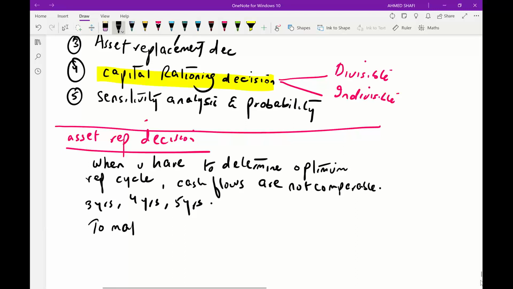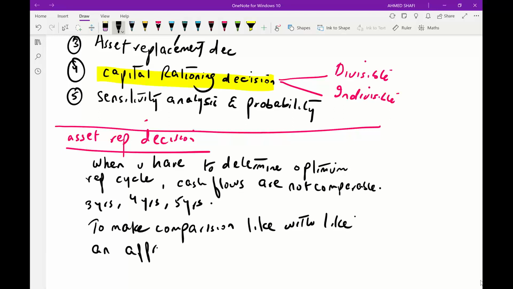So to make a comparison like with like, an approach called equivalent annual cost, you might have heard regarding it, EAC, is considered.